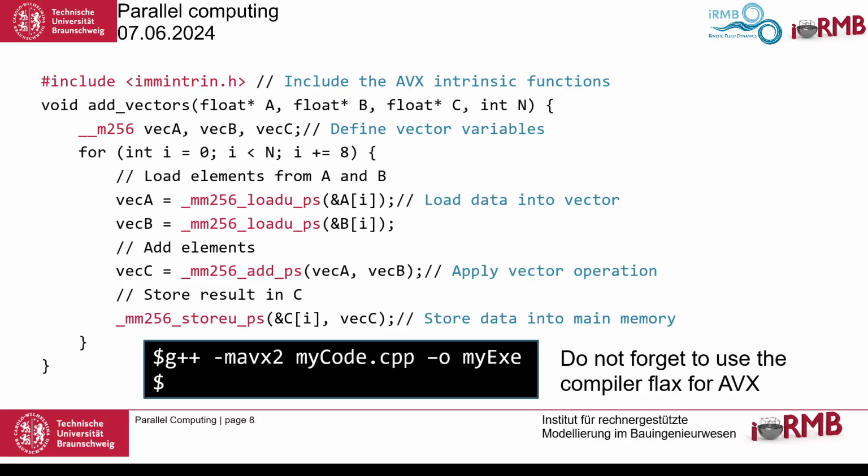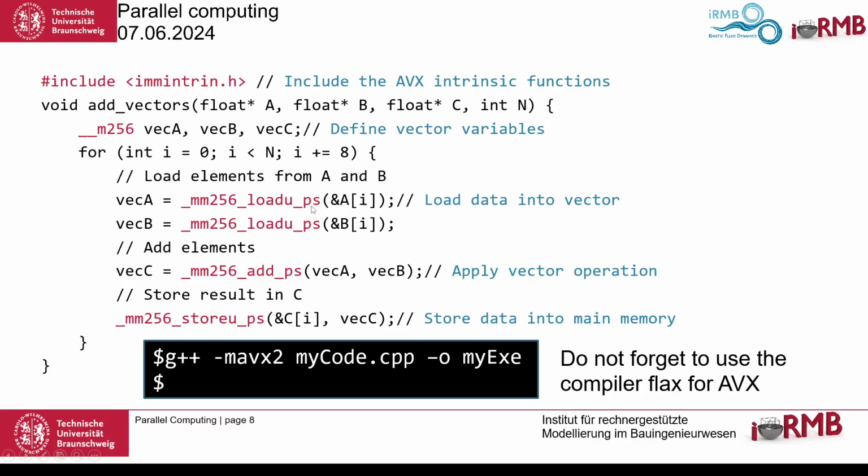Therefore, there are different instructions reading from aligned and from non-aligned memory. And this U is now helping you to more or less ignore this. The U is for unaligned memory. There are the same instructions without the U, but then you have to take care yourself that the memory is aligned. Here we don't care whether the memory is aligned.